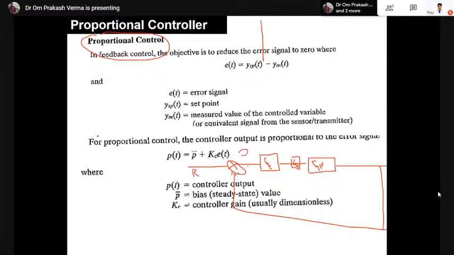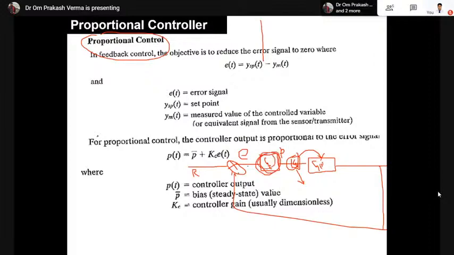The feedback generates the error, and this error goes to the controller part, and the controller will generate some signal P. This signal P is going to command the control valve, and the control valve acts accordingly, either increasing the flow or decreasing the flow, and then the process will go into control. So the input of the G_C is the error.